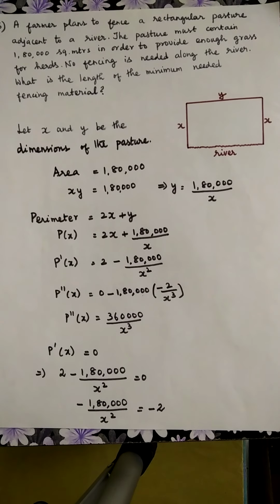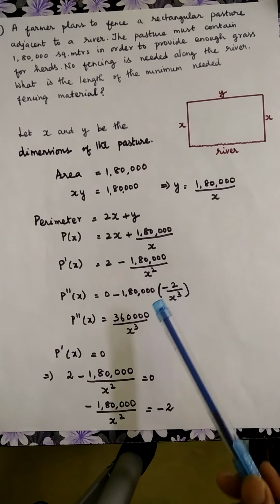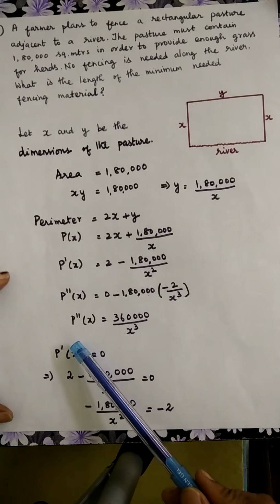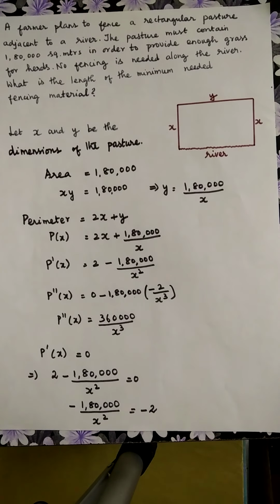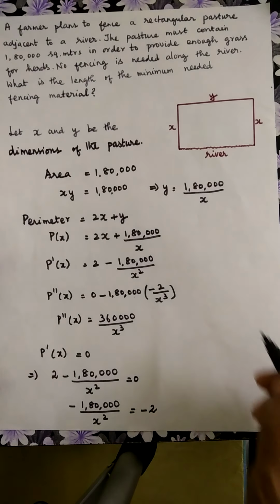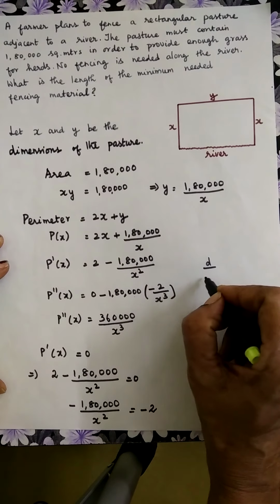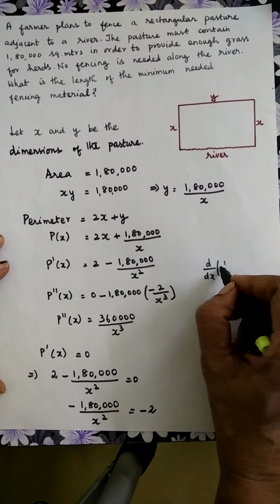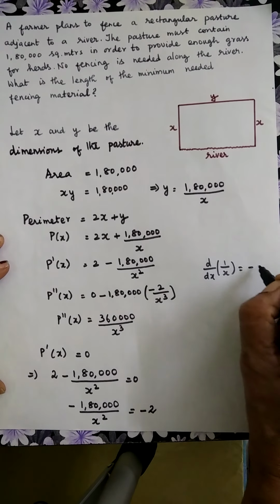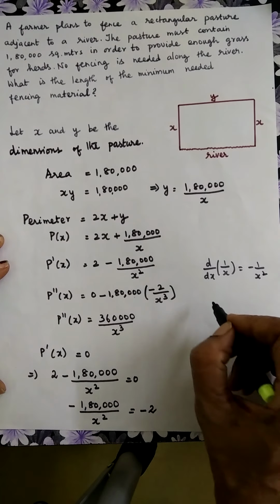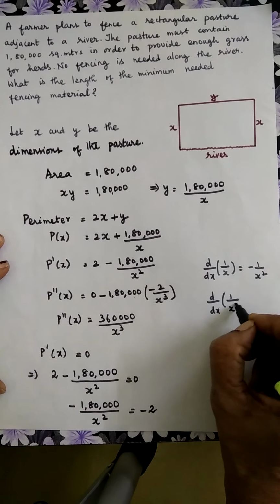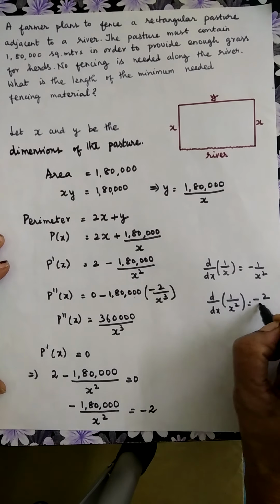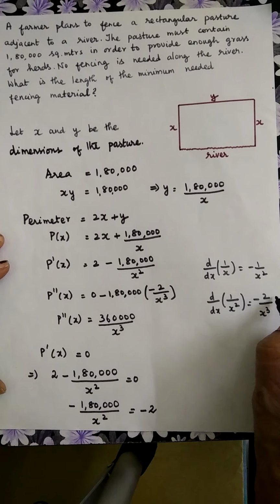Multiplying minus into minus plus. P double dash of x is equal to 3,60,000 by x cube. Yes, already I told you here. D by dx of 1 by x is minus 1 by x square and d by dx of 1 by x square is minus 2 by x cube.